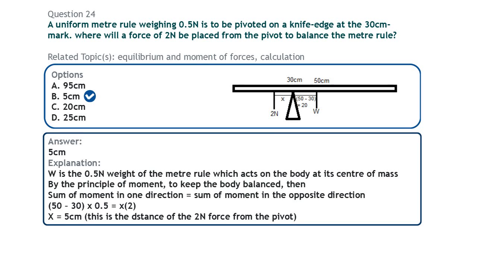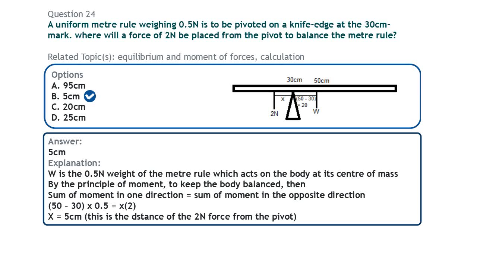Where will a force of 2 Newton be placed from the pivot to balance the meter rule? So we have a force here of 2. Since this is theoretically the center of mass of this meter rule, it is expected that if you put this thing here away from here, this meter rule is going to tilt to this side.